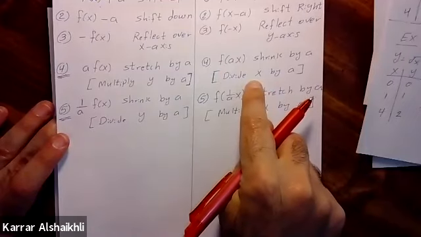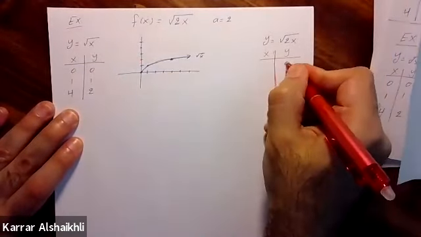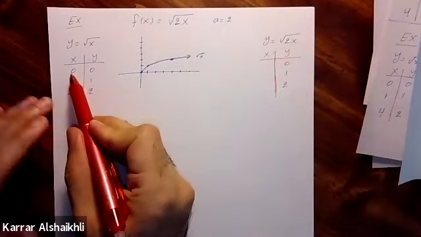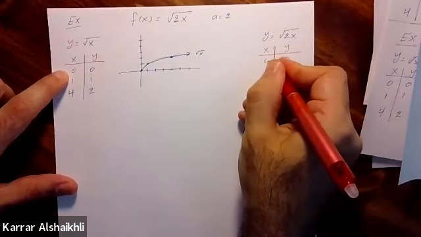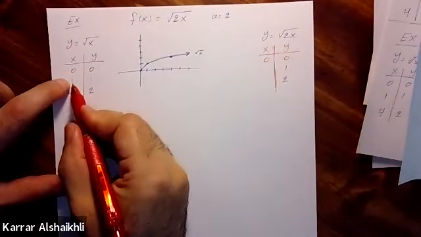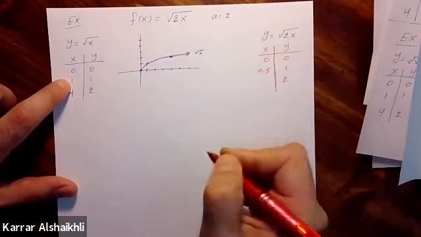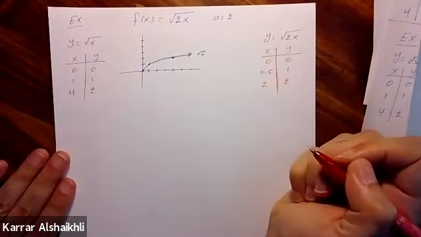So we have to divide x by a. That means the y is going to be exactly the same. 0, 1, and 2. We're going to divide x by a. 0 divided by 2 is 0. 1 divided by 2 is half, 0.5. 4 divided by 2 is 2.